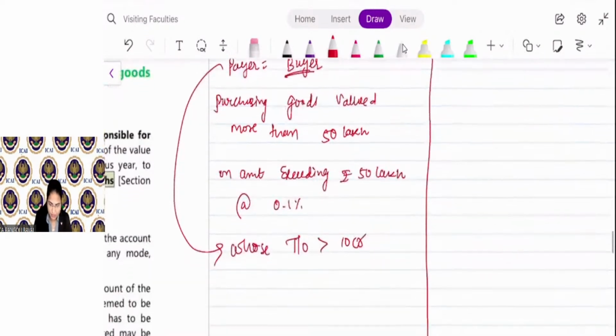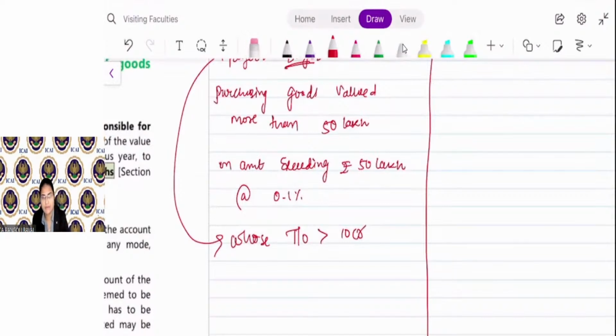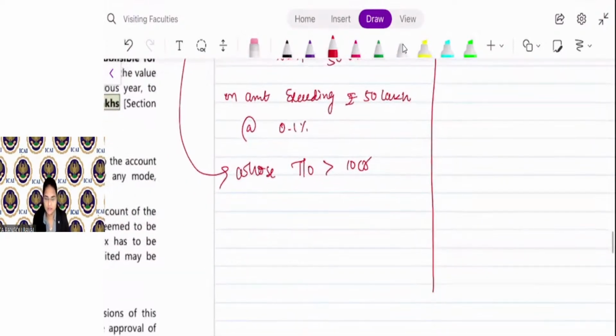Clear? I'll give you an example. Be careful. After that, you will answer a question. There is XYZ Limited. Turnover in previous year 21-22 is 20 crore.